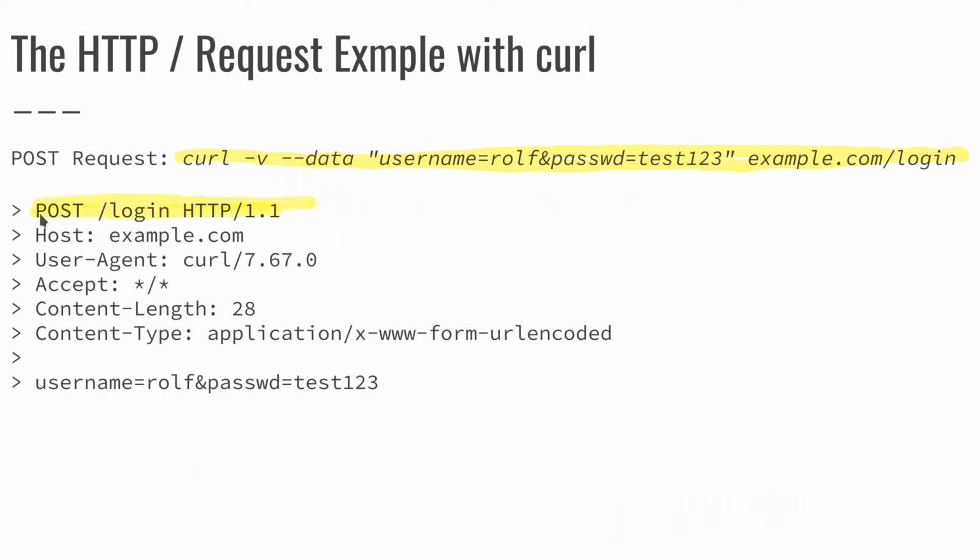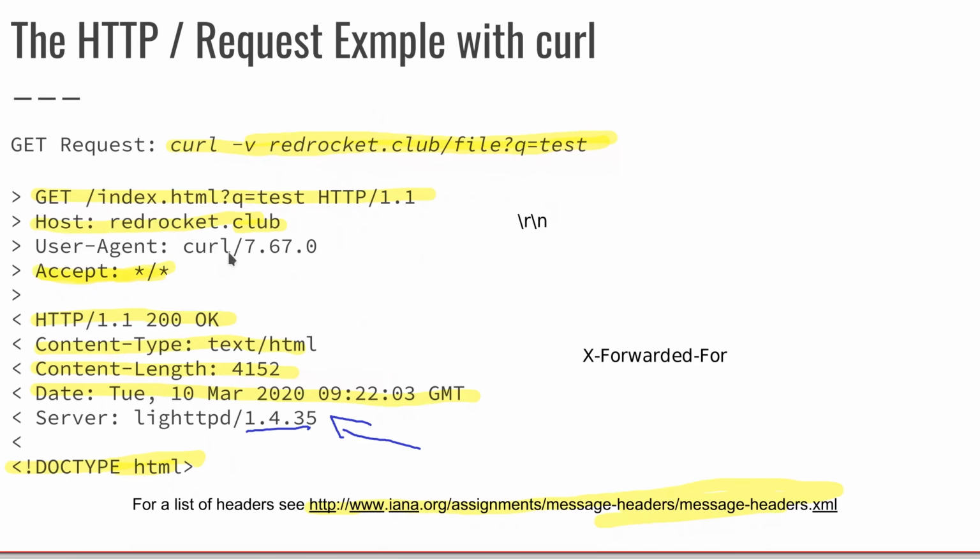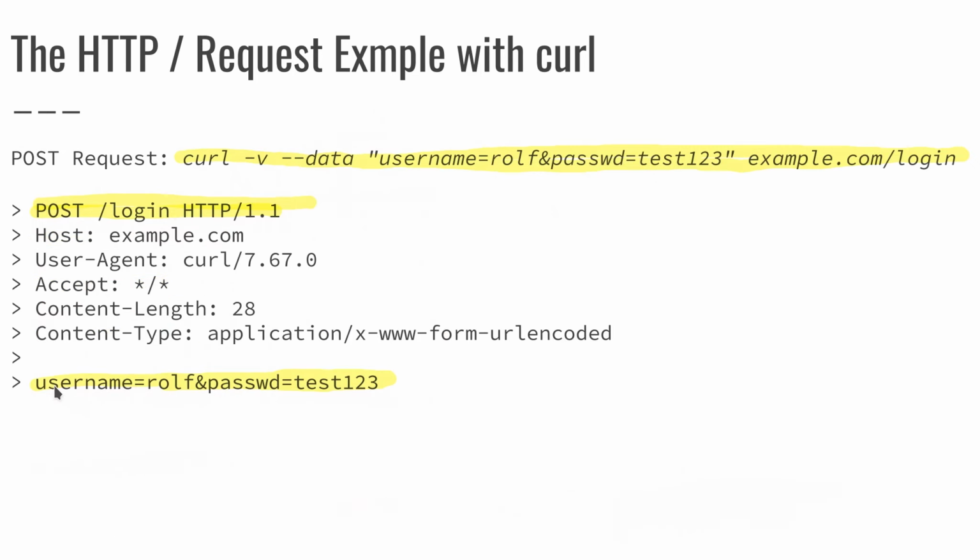We have here the POST, then the path, and the HTTP version, and we have some headers. The difference between POST and GET is that in a POST request, the data is transmitted in the body. In the GET request, the parameters were transferred in the URL line. Here, they're transferred in the body of the request. Okay, these are the most common request types.